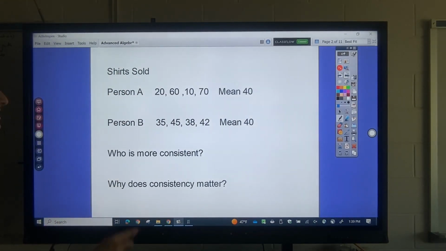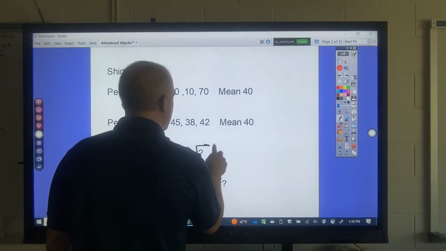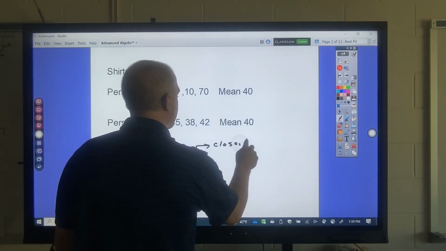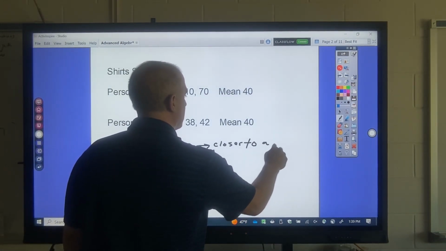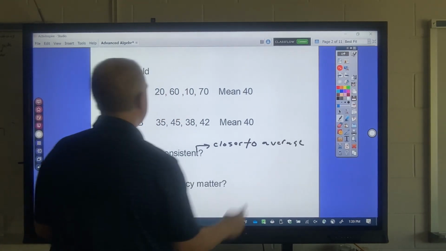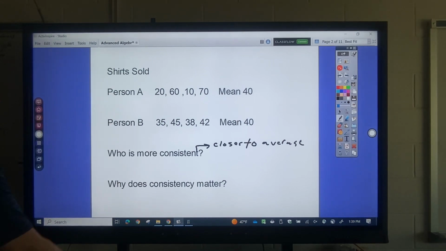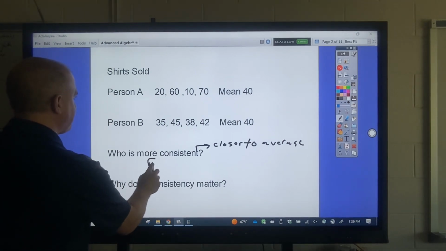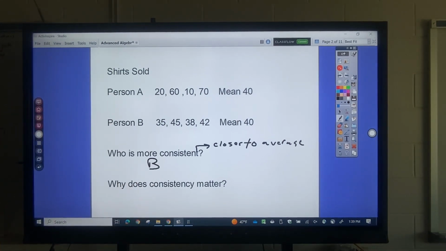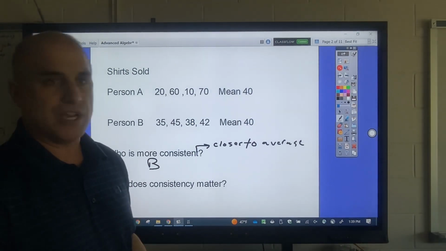What consistency means is who is closer to their average more often. As you can see, this person has a big fluctuation. So person B is actually more consistent. They're going to have a lower standard deviation.